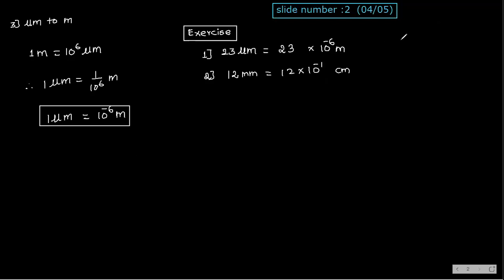How? See here. 1 centimeter is equal to 10 millimeter. You have to understand this. 1 centimeter is equal to 10 millimeter. So 1 by 10 centimeter is equal to 1 millimeter. When it is going up, 10 power minus 1 centimeter is equal to millimeter.